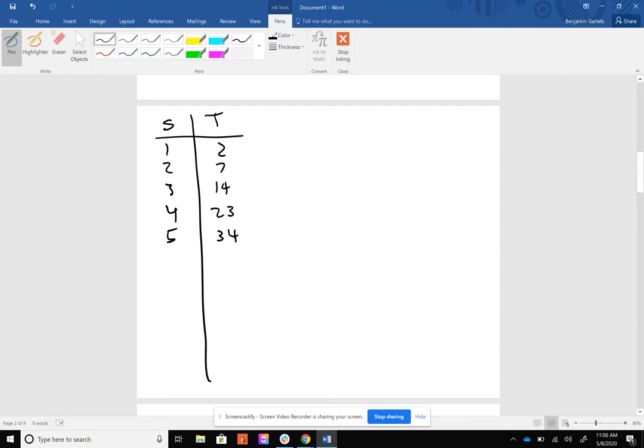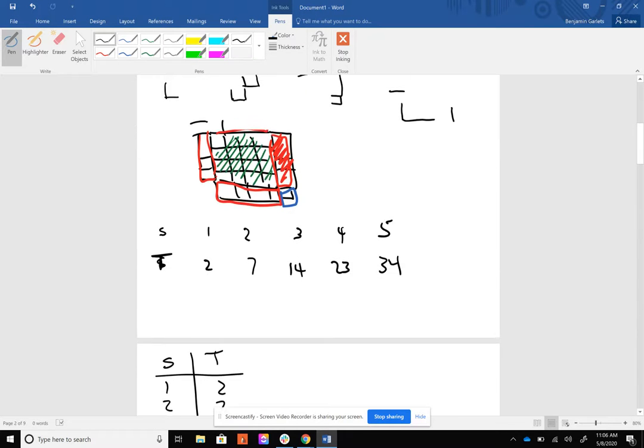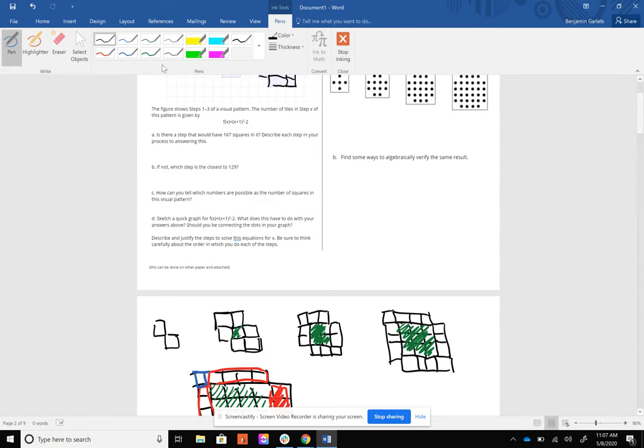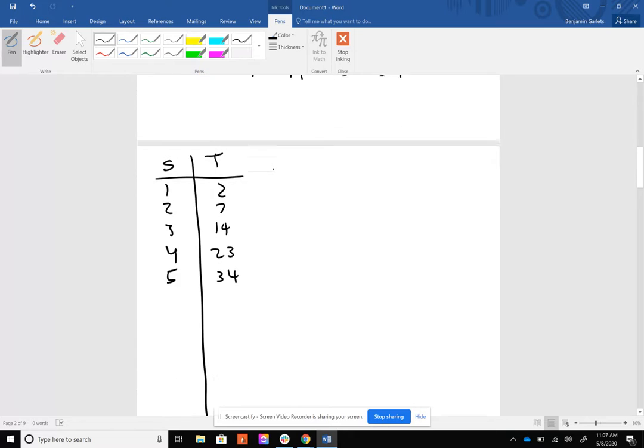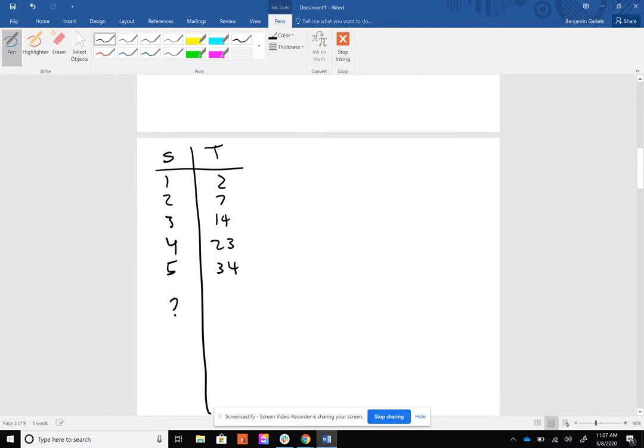So we don't see a pattern right away, but the question here says, is there a step that would have 167 squares in it, so tiles? So I want to know if there's ever a step that has 167.